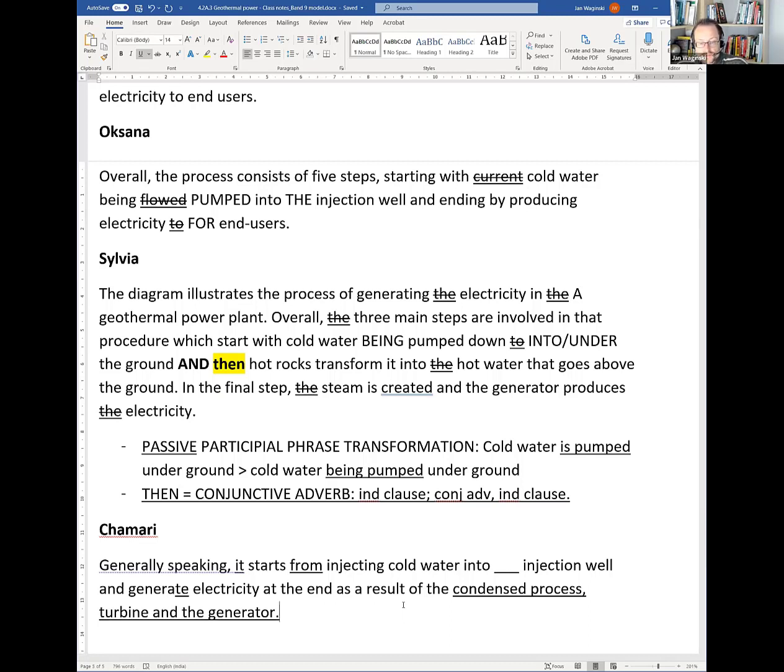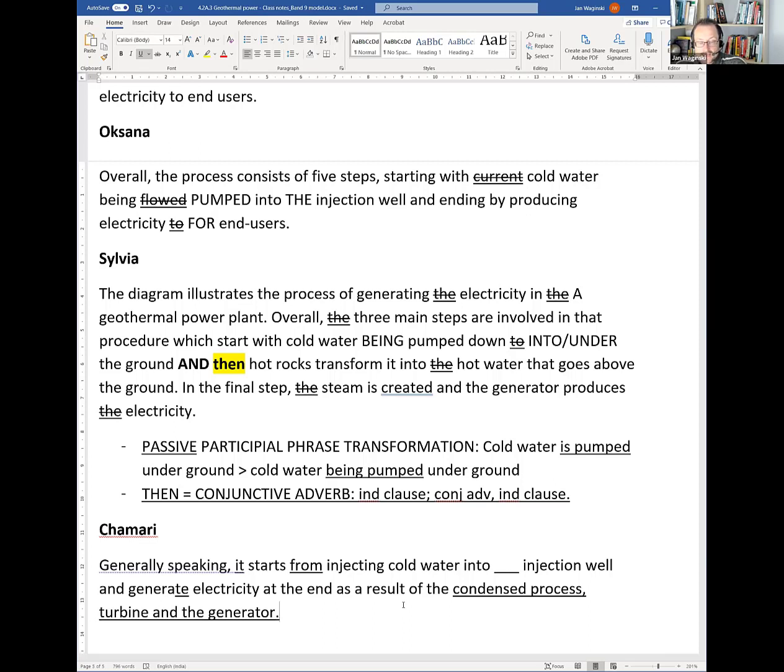The purpose of a general overview, whether it's for IELTS or for something you're doing in your personal or professional life, is to give the reader a general idea of the details that are coming next.